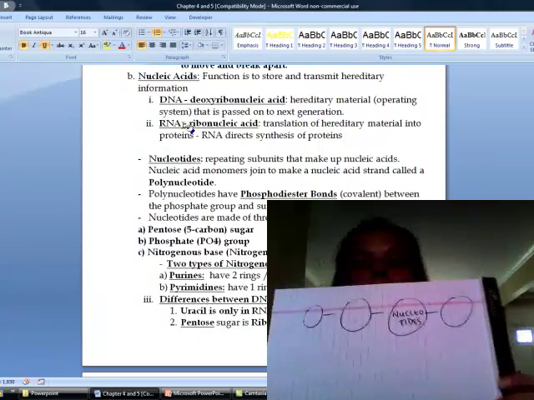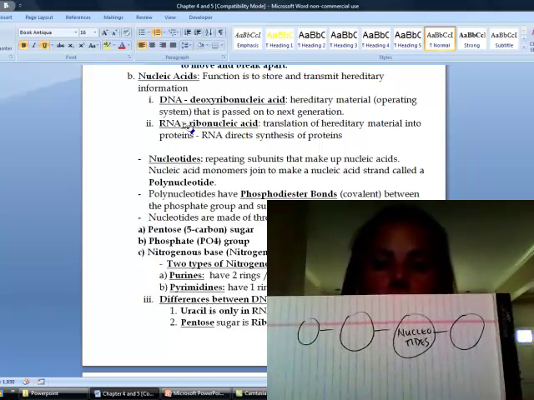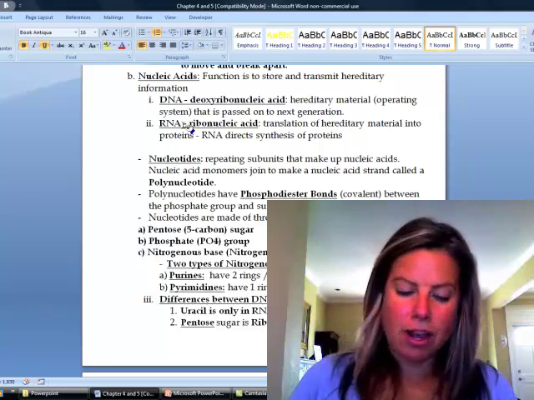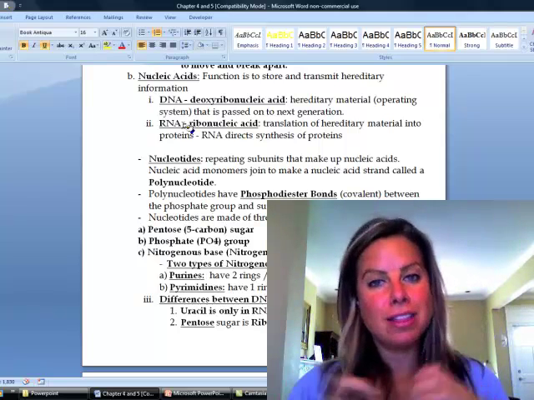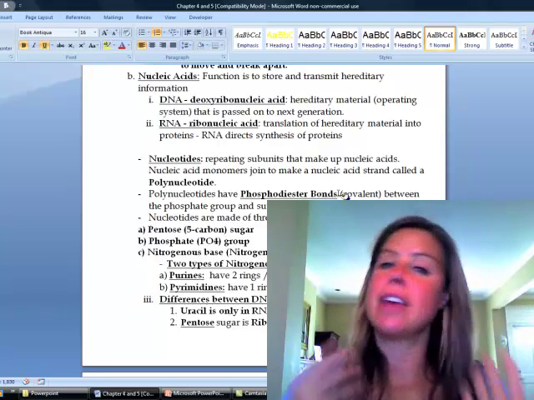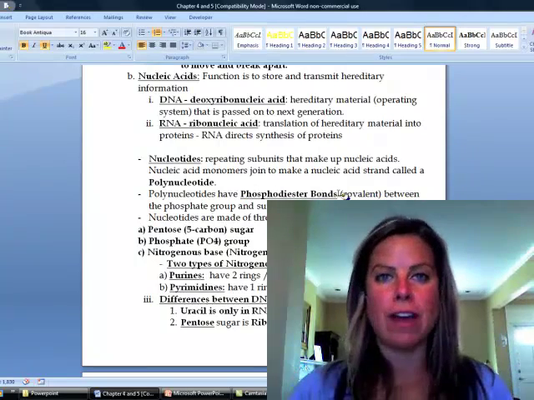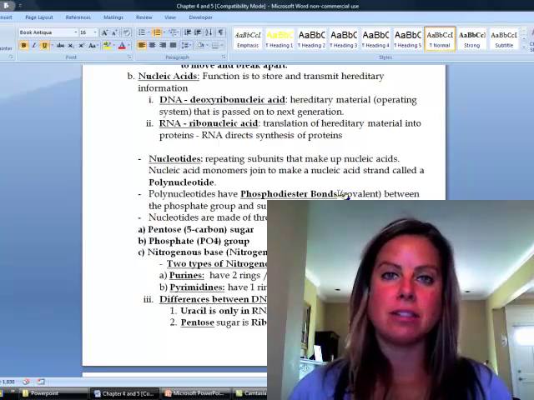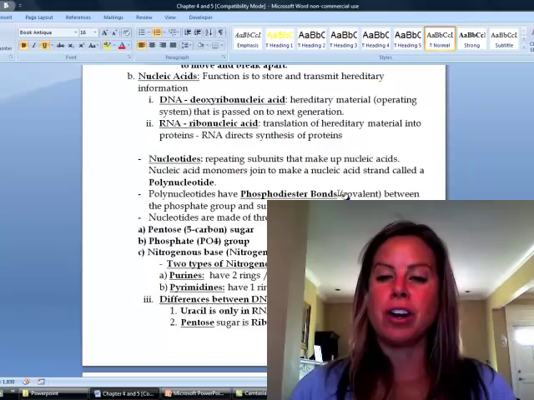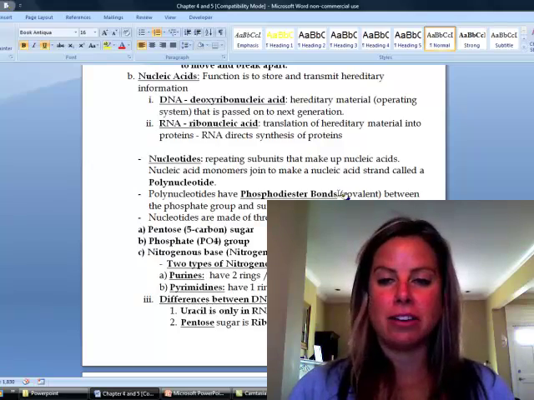So the same setup, but now the building blocks are nucleotides. I won't have room to actually write this, but in between the nucleotides, we're going to have what's called a phosphodiester bond. So that's just the special name for the covalent bond between nucleotides to form nucleic acids. I know that's a fun word, and don't worry, we will understand that a little later in the semester, why it's called that.